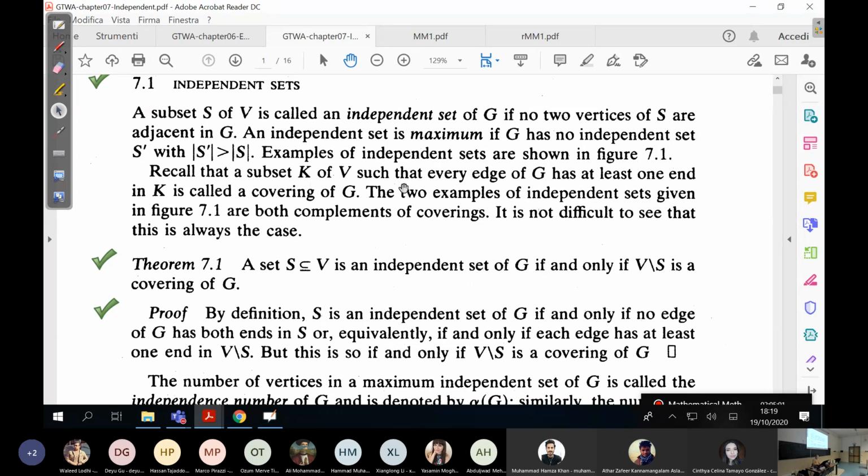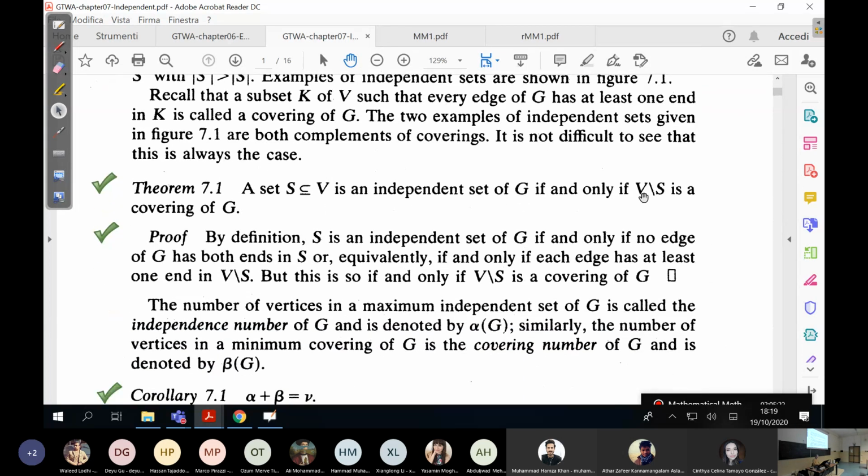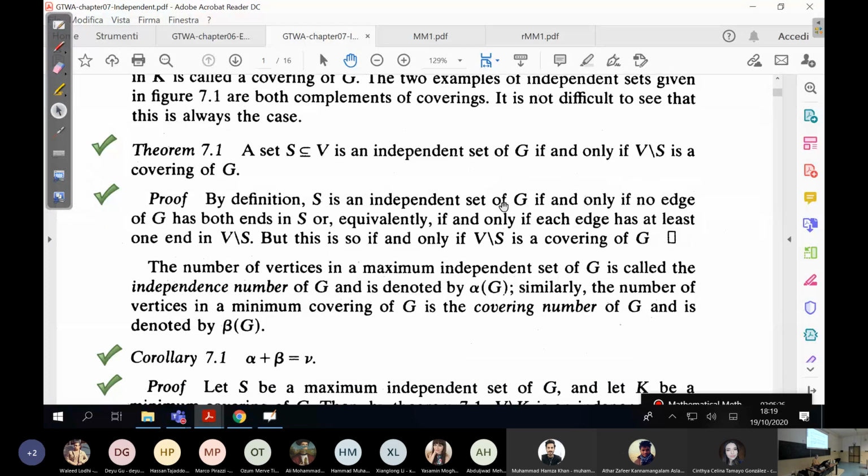A subset K of V such that every edge of G has at least one end in K is called a covering, that we already saw in the previous chapter. Actually, a set S of vertices is independent if and only if its complement V minus S is a covering of G. Let's see why.